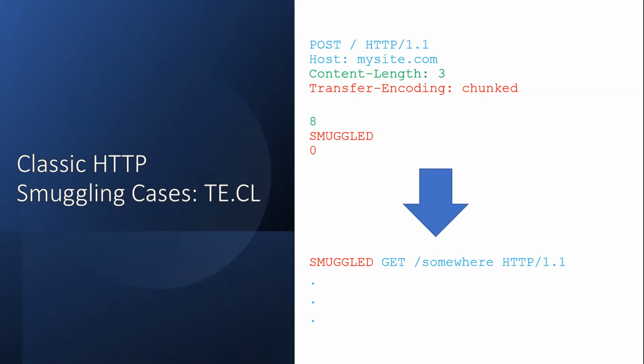If you send a chunked request, you need to change the 8 to 12, let's say, and send it. Now, if you get a timeout, it means that someone somewhere expects the rest of the chunked request. That means that the backend is using transfer encoding. Now, if you don't get that, then you probably don't have smuggling.